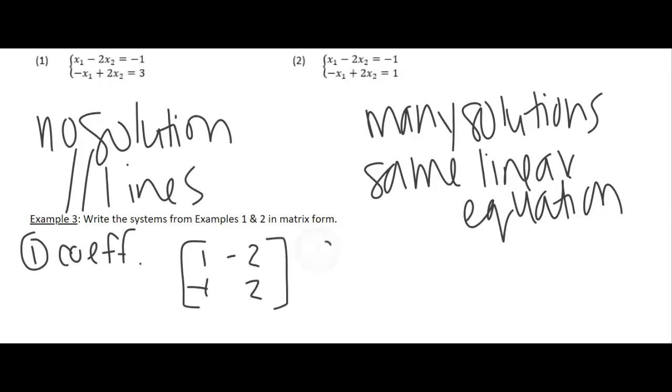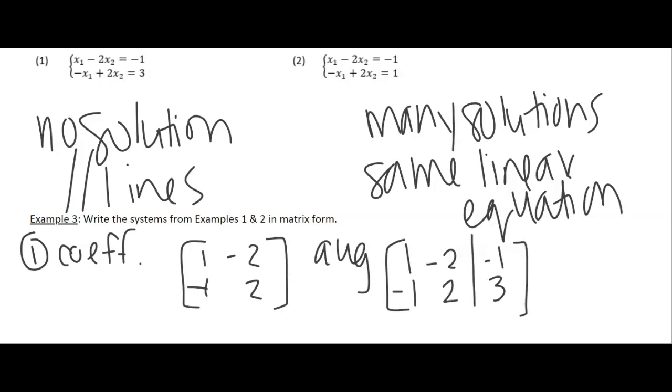My augmented matrix includes my b term over here. And you can give a little bit of a space. When I go into solving these, I actually like to draw a line there. That's what my linear algebra teacher taught us to show that this was your coefficient matrix, and then this was your right-hand side, if you will. But that's how we're going to write this system into matrix form.